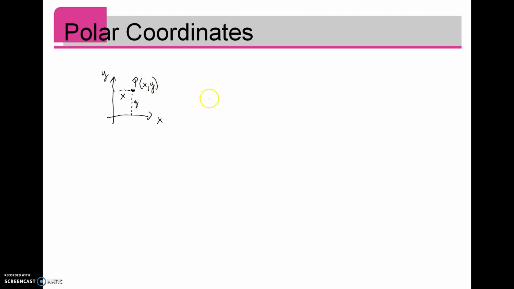Now, moving on to polar coordinates, we're going to be defining a point this way. First, we've got a polar axis, and that usually lines up with the x-axis. And then we've got O, which we would just call the pole point, which usually lines up with the origin.